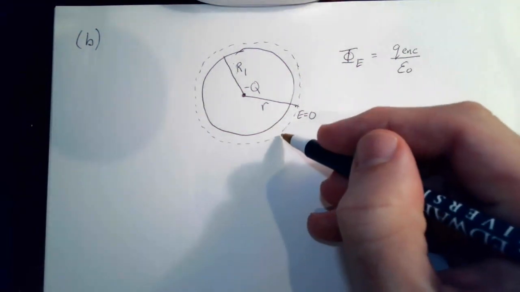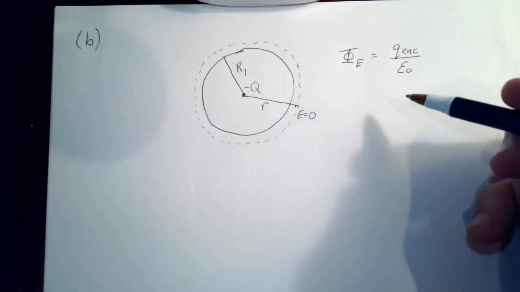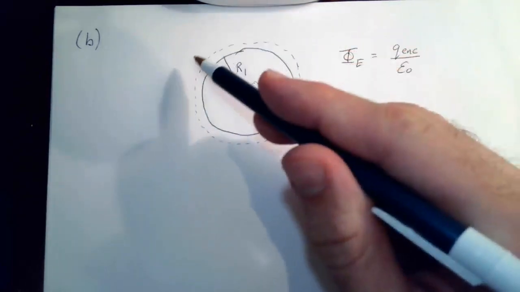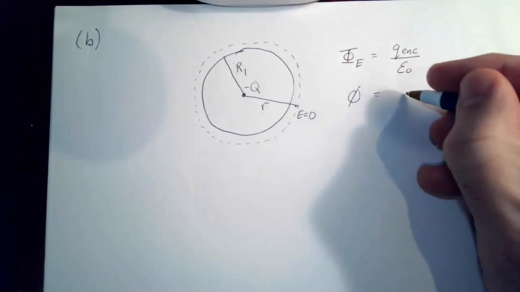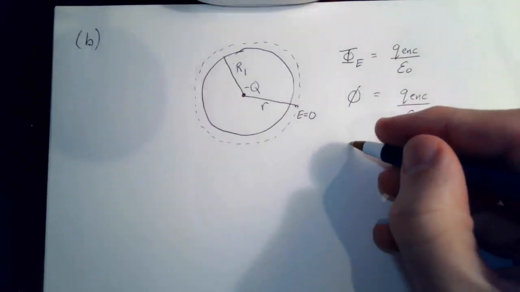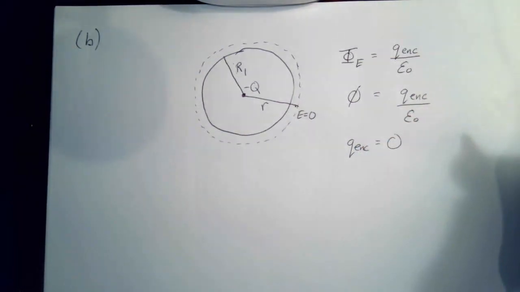And this dotted line is within that conductor material. So if E is zero everywhere on the surface, the electric flux through the surface must be zero, and that equals the charge enclosed over epsilon naught. Clearly, if I multiply both sides by epsilon naught, the charge enclosed must be zero.